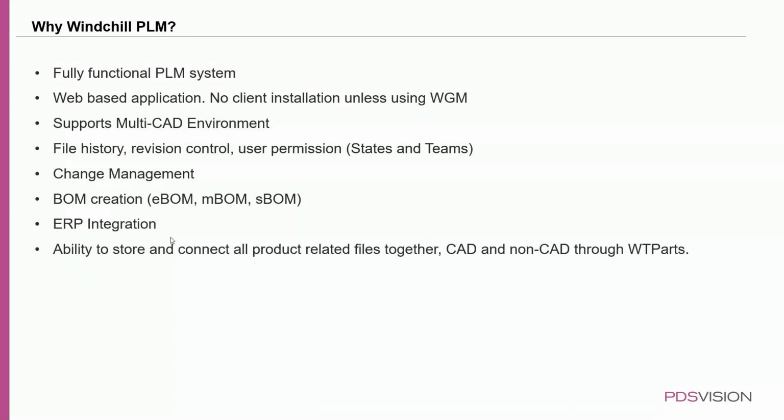Ability to store and connect all products related to files, once again, CAD and non-CAD through WT parts. So we have our CAD files, whether we're talking drawings, assemblies, parts, whatever it may be, but we also have other things such as our documents that we still want to go through and say, okay, this document is associated with this CAD file.